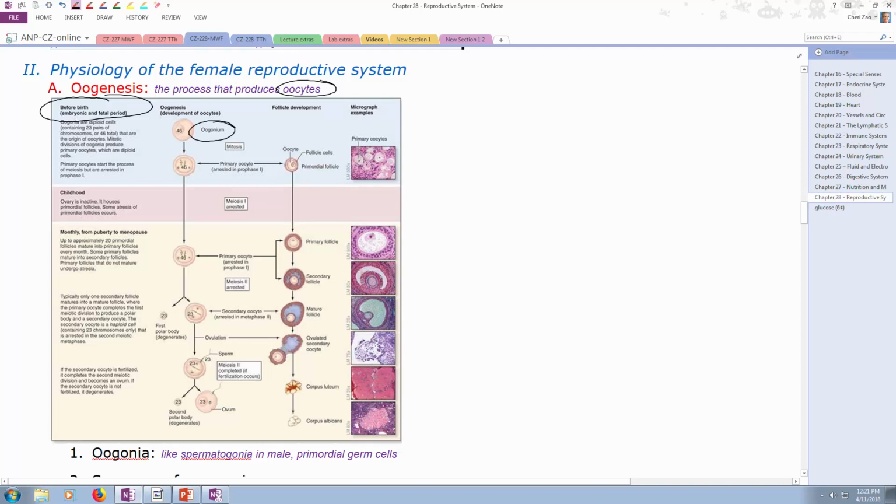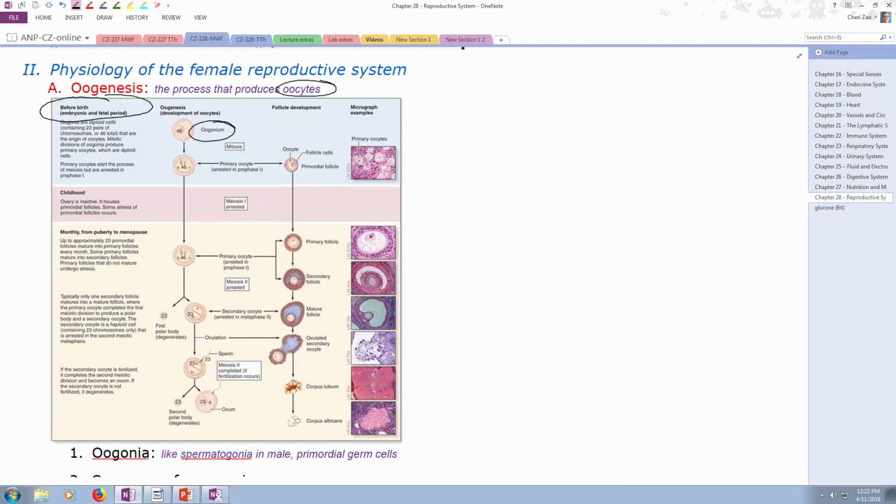The oogonia are stem cells, and take a look at the chromosomal number. This is very important. It's 46. So how many sets of chromosomes is that? Two sets. And this cell will undergo mitosis until the ovaries are adequately populated with the egg precursors.